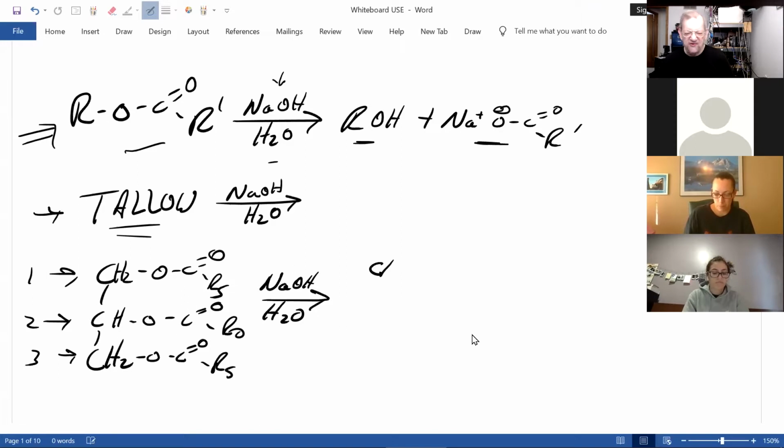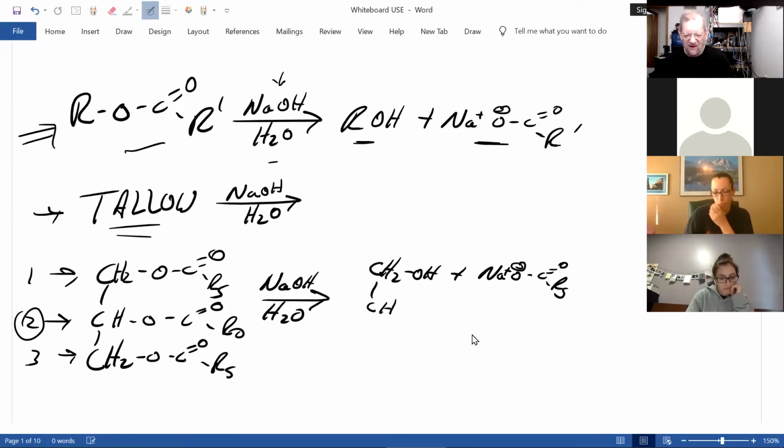All right, the first ester gives me this alcohol, plus now this carboxylate anion, where our group on the carbonyl is R sub S. Ester number 2 gives me this alcohol, plus this carboxylate anion, where here's the R group on the carbonyl.